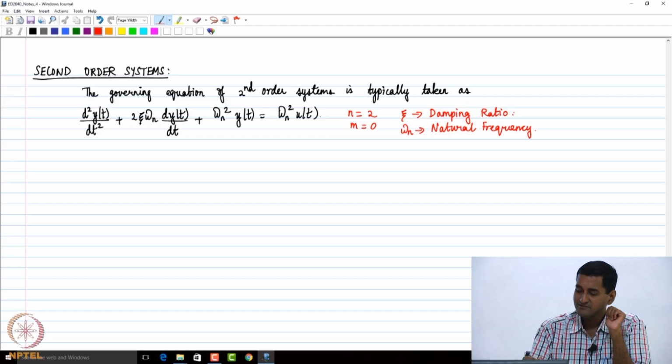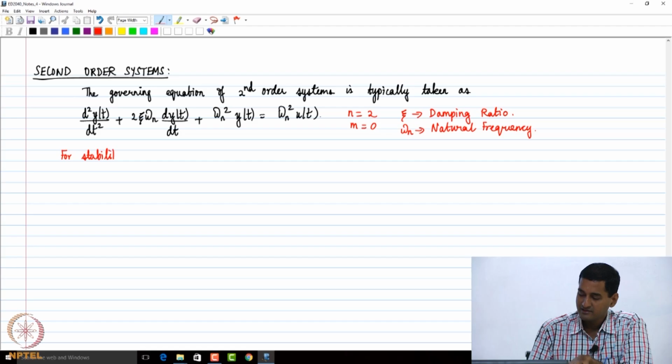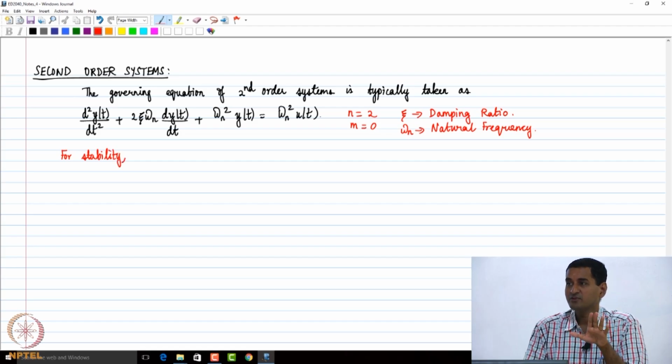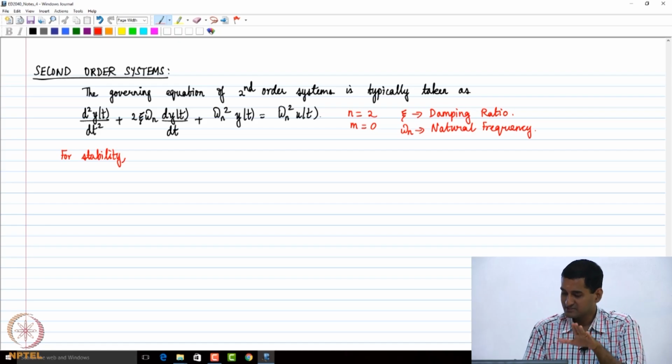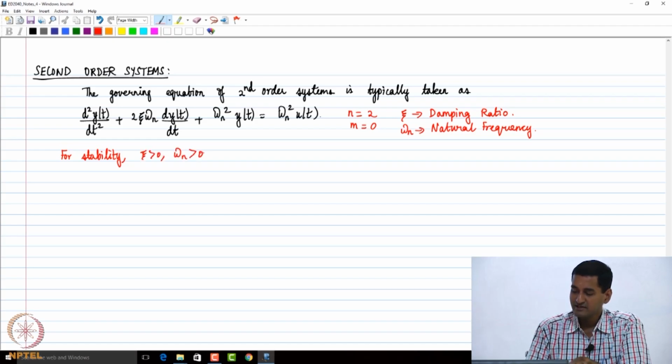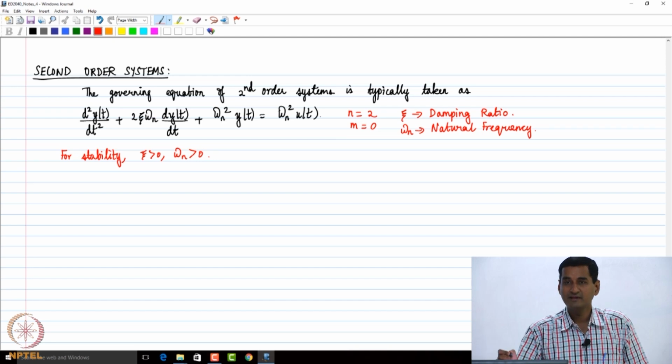And we will figure out later that for the stability of the system, please remember, we can only talk about performance if you have a stable system to begin with, right? For stability of this class of systems, the sufficient condition is zeta being greater than 0 and omega n being greater than 0.